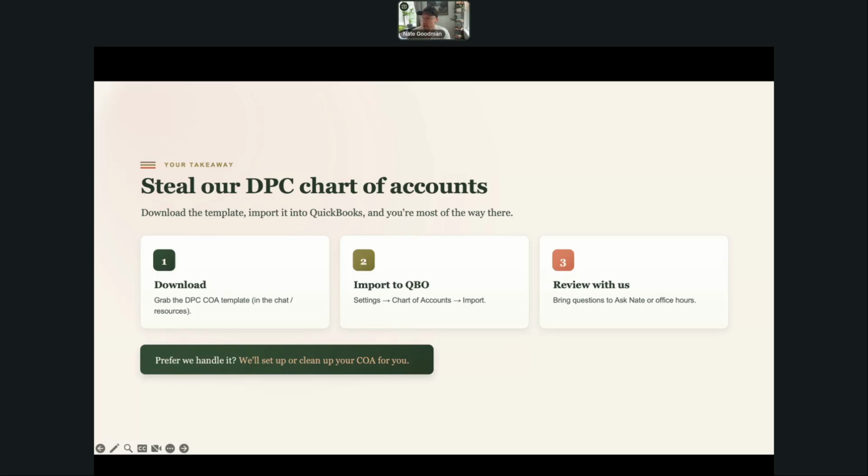And then you can review it with us. You can bring it to the monthly office hours that we have, and we can look through your chart of accounts together. And if you're having issues trying to merge things or run into problems there, we can do that together. So feel free to send us a message if you're interested in stealing our chart of accounts.